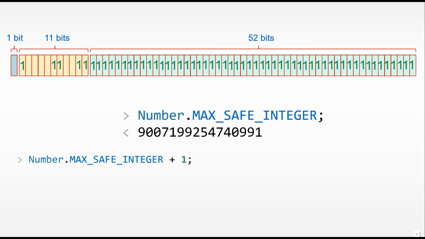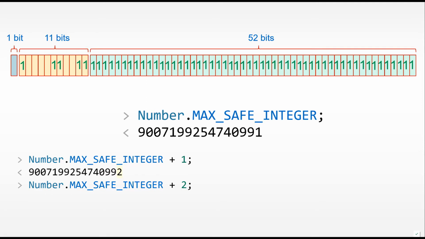Let us view a few examples. For example, if we take the maximum safe integer, the number which is seen above, and then if we add 1 to it, what we get seems to be reasonable. So the first number ended with 91, the second one ends with 92. That is fine. But notice what happens if we add 2 to that number. We take the same number which ends in 91, we add 2 to it, and notice we again end with something that ends with 92. Something has gone wrong.